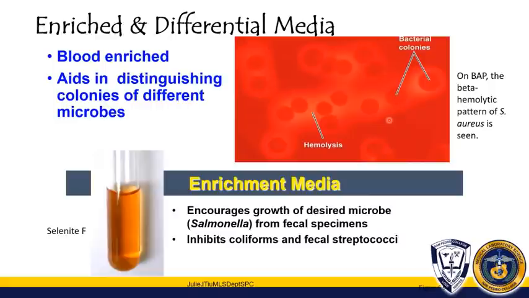It means there's only partial hemolysis of the red blood cells. While in this picture, you see the complete hemolysis by Staphylococcus aureus. It's called the beta hemolytic pattern. So that's why your BAP is both an enriched and differential medium.